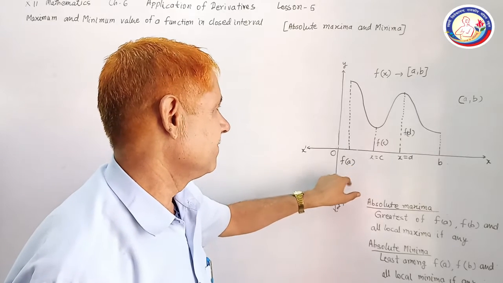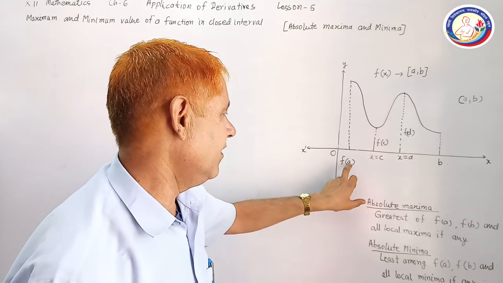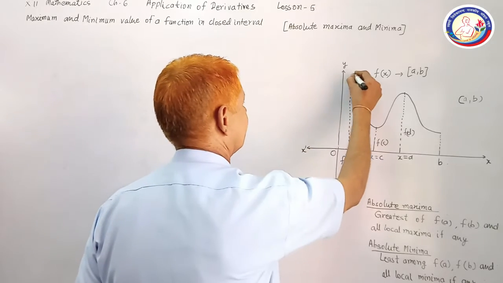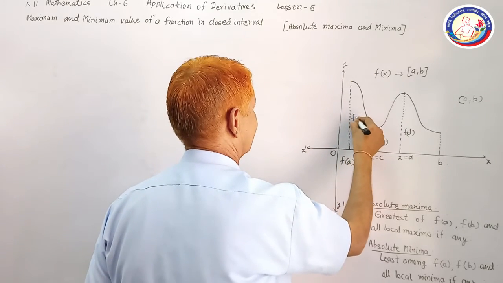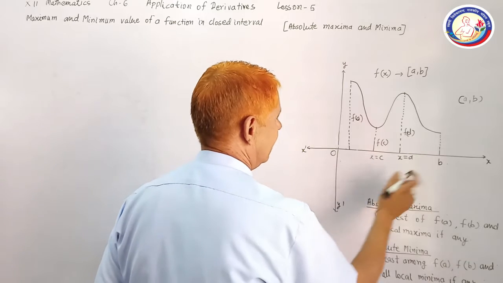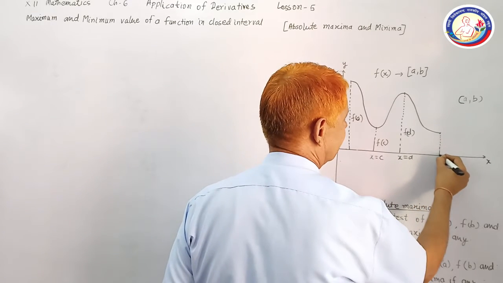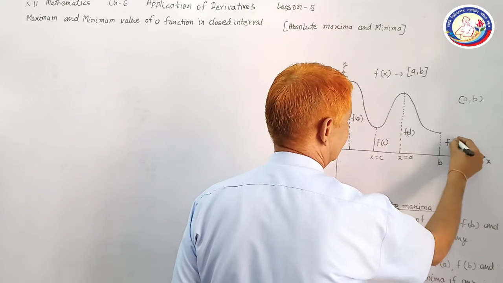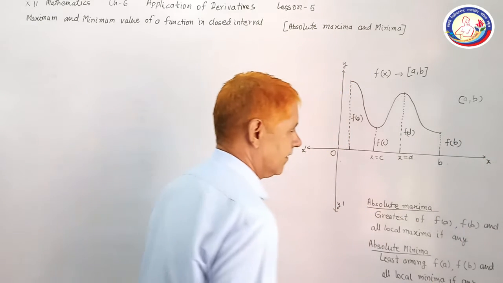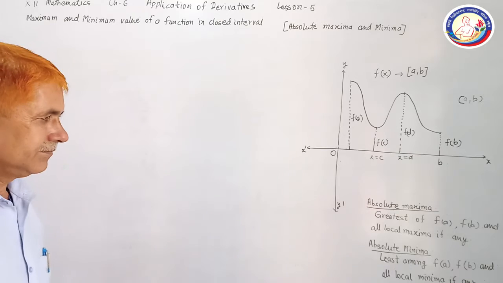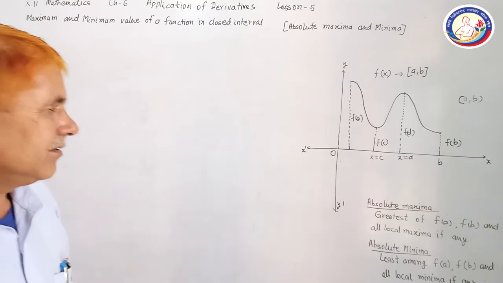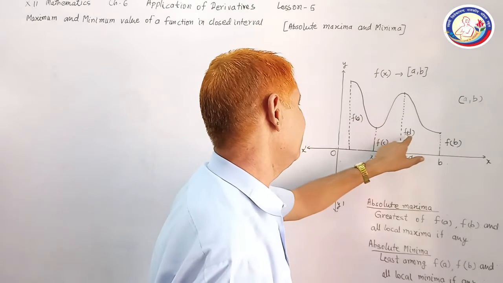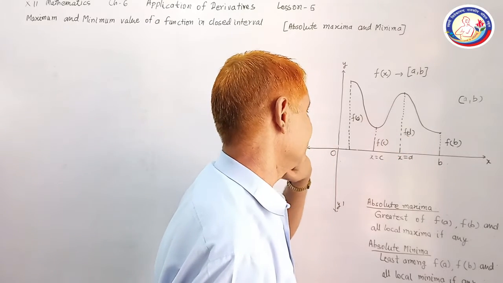In the closed interval, at A the value of the function is f(a), and at B, the upper limit, it is f(b). In this interval we have one maximum value and one minimum value.